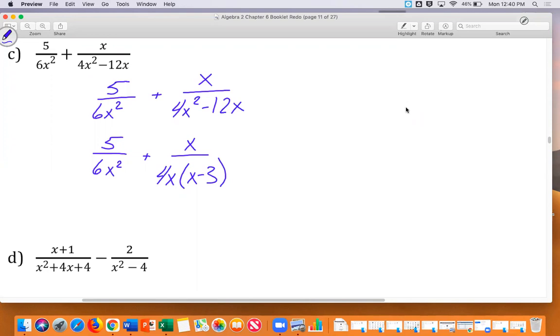I have numbers, I have these x's outside, and then I have what's inside the parentheses, the x minus 3. So my denominator needs to have 3 pieces. It needs to have a number that's the same, needs to have x's that are the same, and the expression piece, that x minus 3 piece. So over here, I can cancel these out. It's going to help me a little bit.